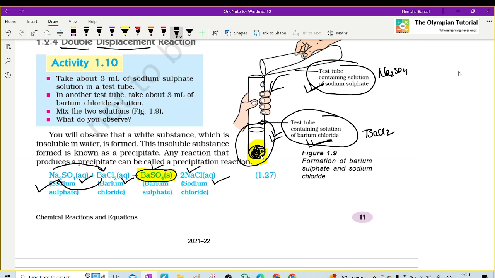So, below the reaction, write down: a white substance which is insoluble in water is formed.